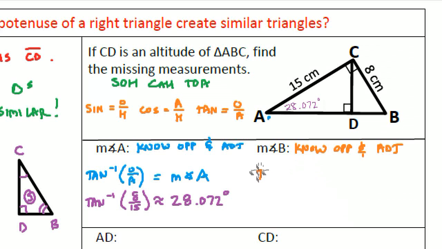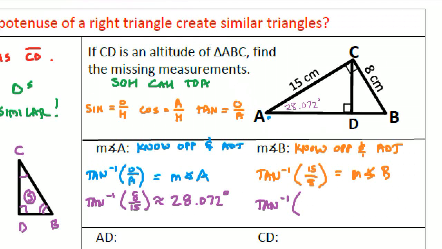So I've got inverse tangent because I'm using opposite and adjacent. Let's take a look at angle B. Opposite is 15. Look what happened, it became the reciprocal. Adjacent is 8. And that's equal to the measure of angle B. Let's write this out and plug in what we know. Inverse tangent.